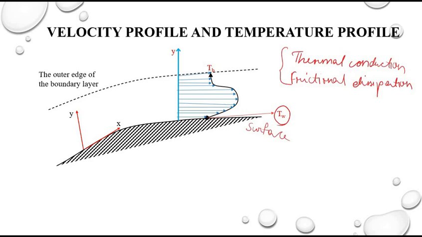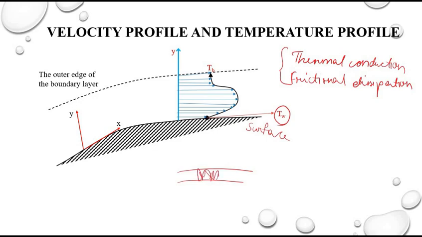Now, what is thermal conduction? Thermal conduction is where heat is transferring from a hotter region to a colder region due to random movement of molecules. As of now, let us have this simple definition of thermal conduction. Frictional dissipation, in simple terms, is just the heating of gas when one streamline rubs against another.